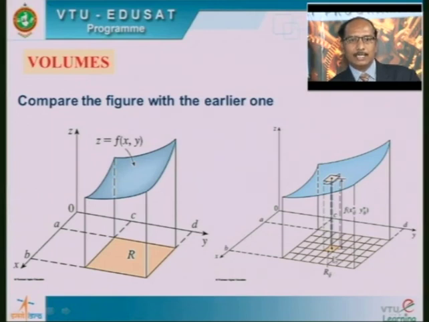Its length is delta x and breadth is delta y, and for the column, there is a sample point xij star and yij star. For that point you find f of xij star, yij star, that is the height, that is the column. So the whole entire S we discretized into small rectangular regions, each a column.